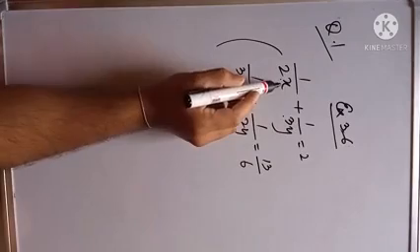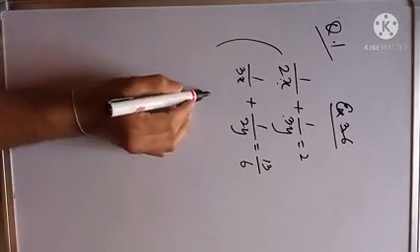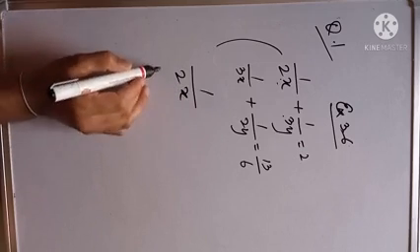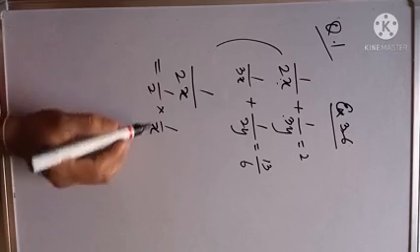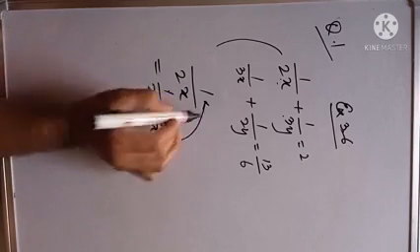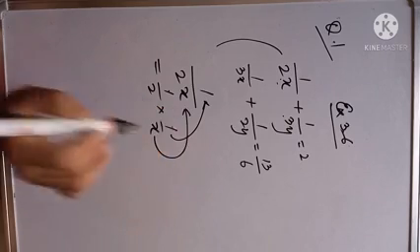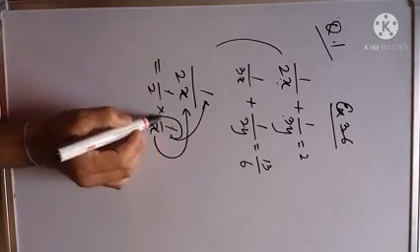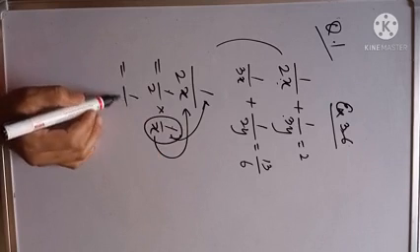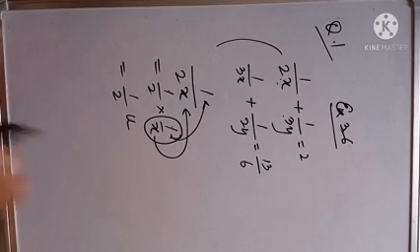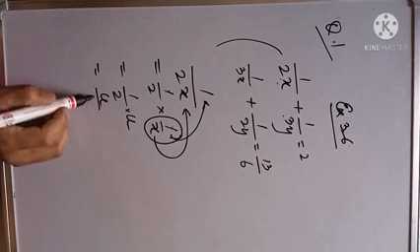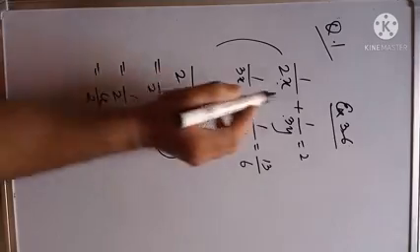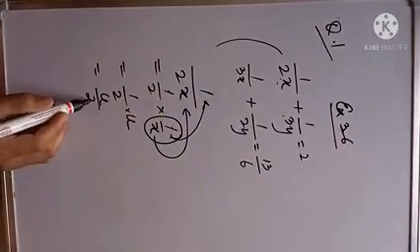We find this x in the denominator. So 1 by 2x is nothing but 1 by 2 into 1 by x. In place of this 1 by x, we write u. So 1 by 2 into u is u divided by 2. So in place of 1 by 2x, you can write u by 2.